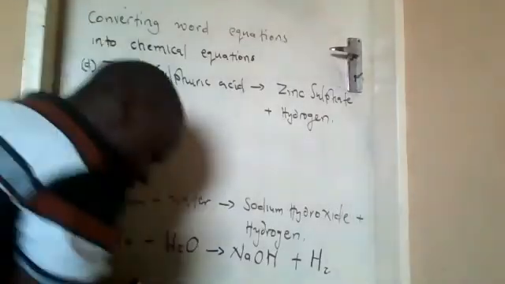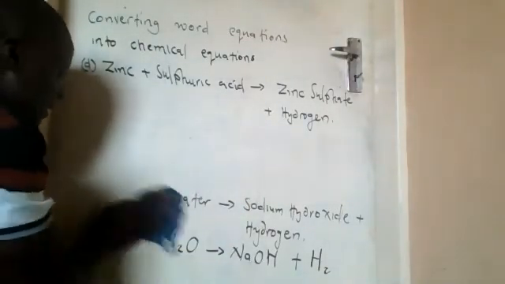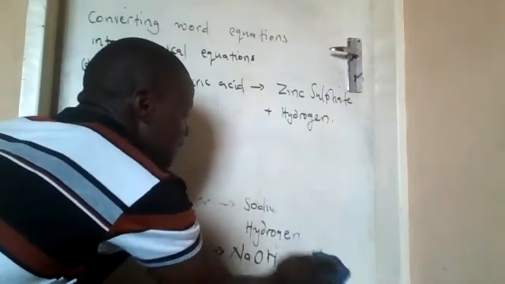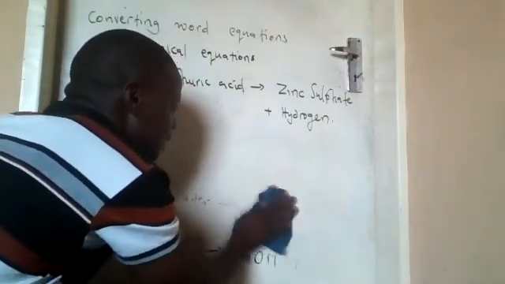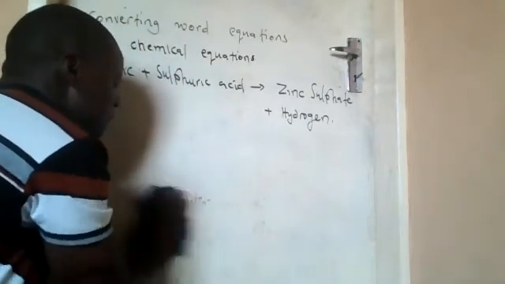So that is the fourth and last example that we have on how to convert word equations to chemical equations.